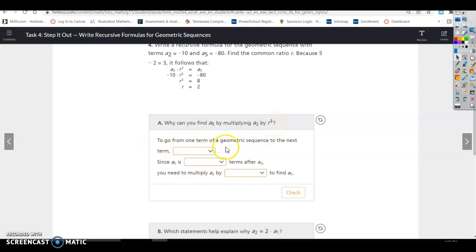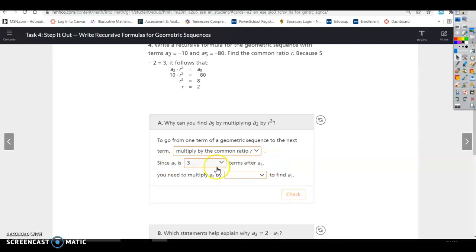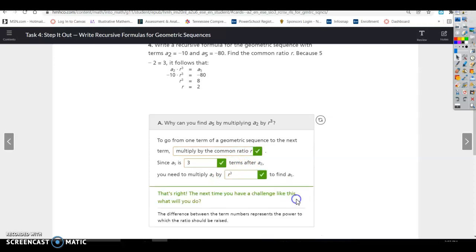You go from one term of a geometric sequence to the next term by multiplying by the common ratio. Since the fifth term is 3 terms from your second term, you need to multiply a sub 2 by r to the third power, or you could multiply by r times r times r. And remember, r to the first times r to the first times r to the first, same base, you add exponents, it still comes out to be r cubed.